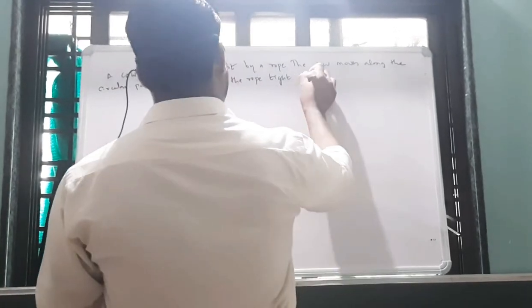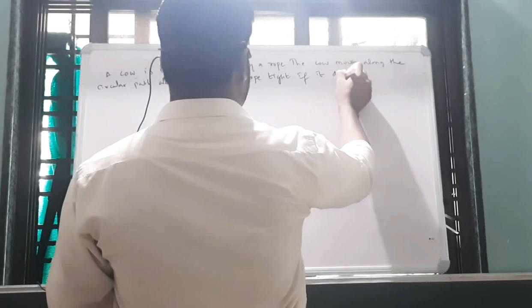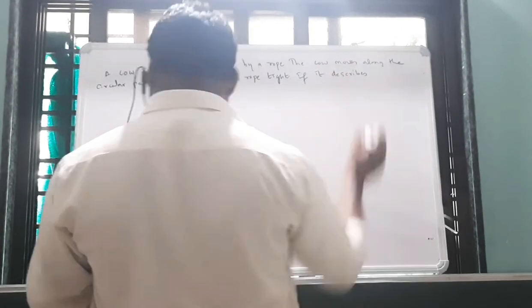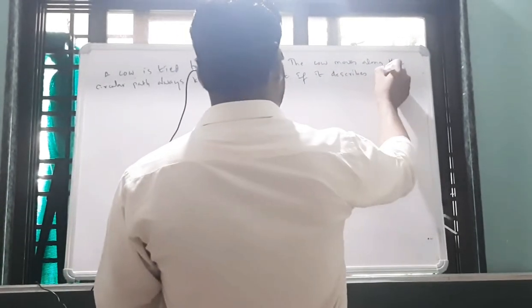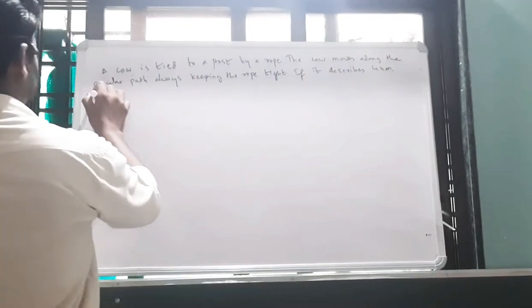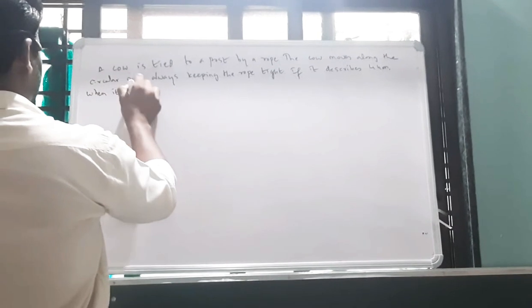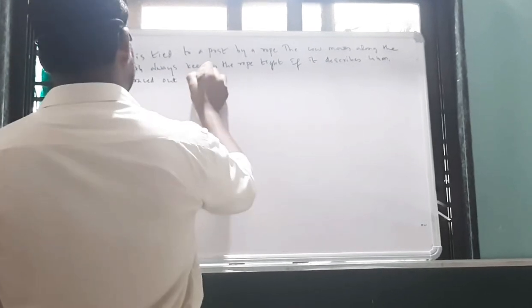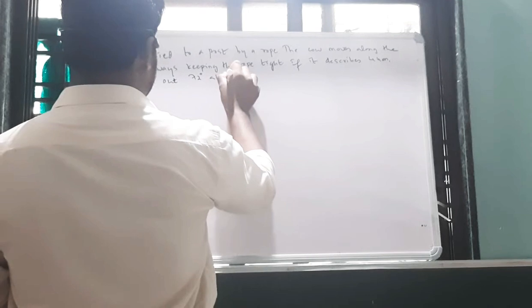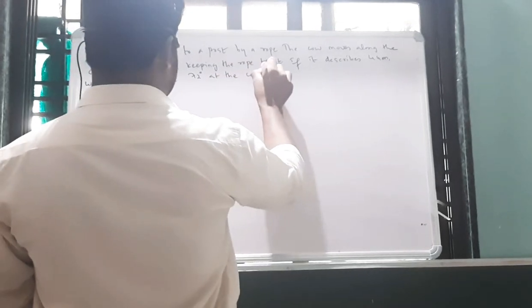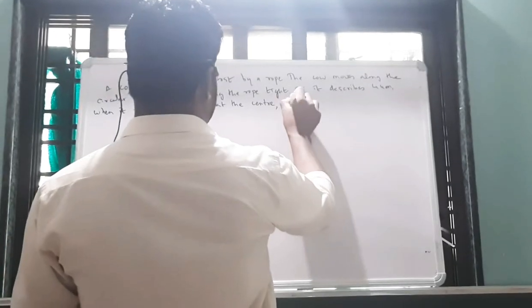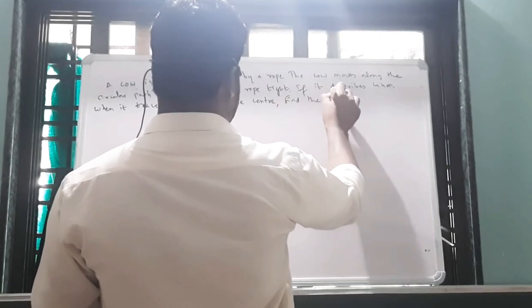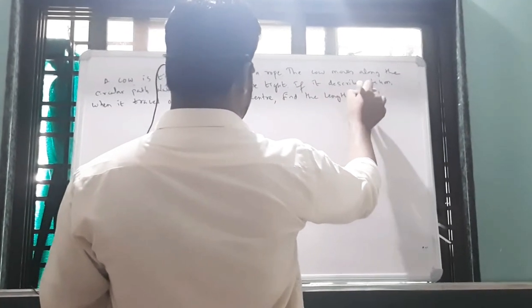If it describes 44 meter when it traces out 72 degree at the center, find the length of the rope.